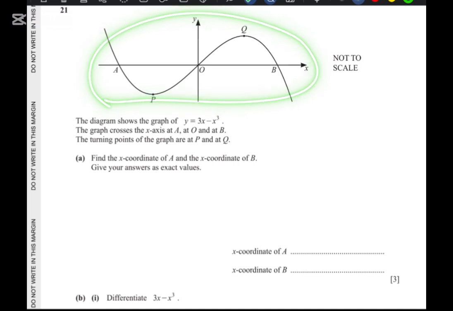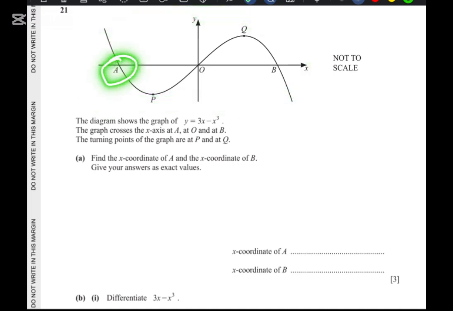The graph crosses the x-axis at A, at O, and at B. The turning points of the graph are P and Q. Find the x coordinate of A and the x coordinate of B. So at A and B, what will be the y coordinate? Y will be 0. So take the given equation, 3x minus x cube, as 0, and find the values for x here.